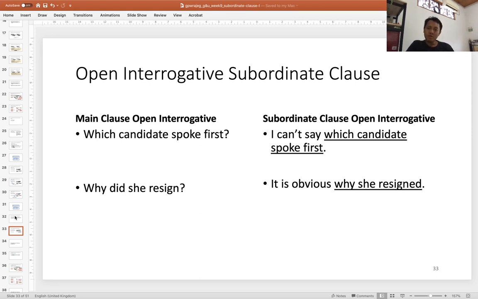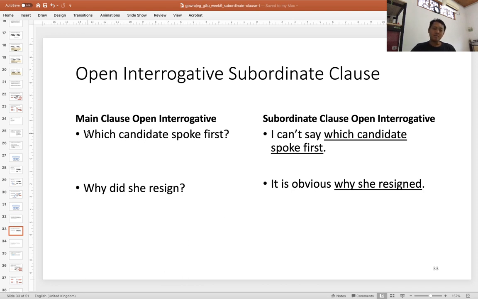And in the subordinate clause, I can say "which candidate spoke first." You see, you don't need whether or if, because you can still use the question words in the subordinate clause. I cannot say which candidate spoke first. So it is open. There are so many possibilities.